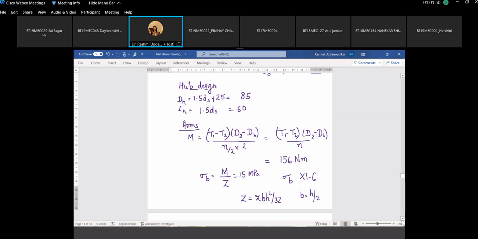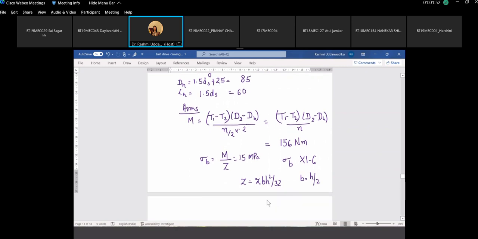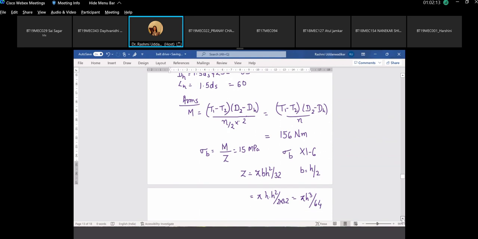To simplify, we'll always consider its width equal to half of its depth, and so this value comes out to be pi h into h square upon 2 into 32. So this will always be pi h cube by 64. M is known, sigma B is known. Give me what is the value of h.